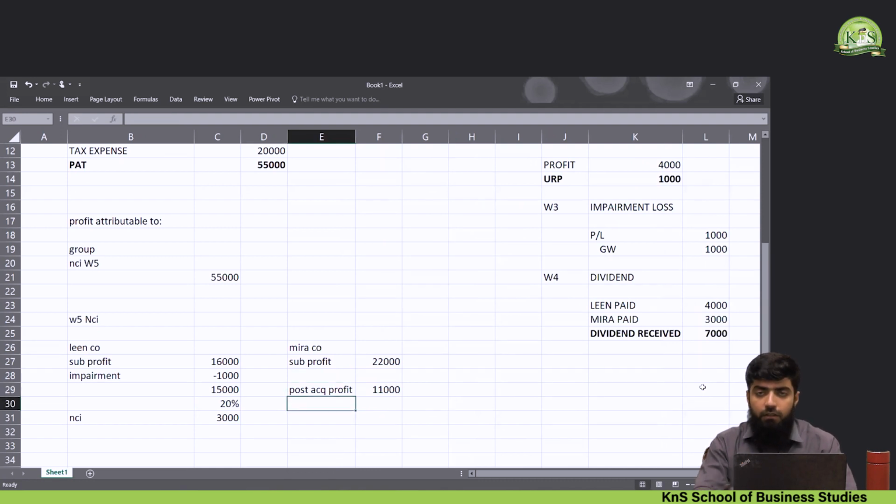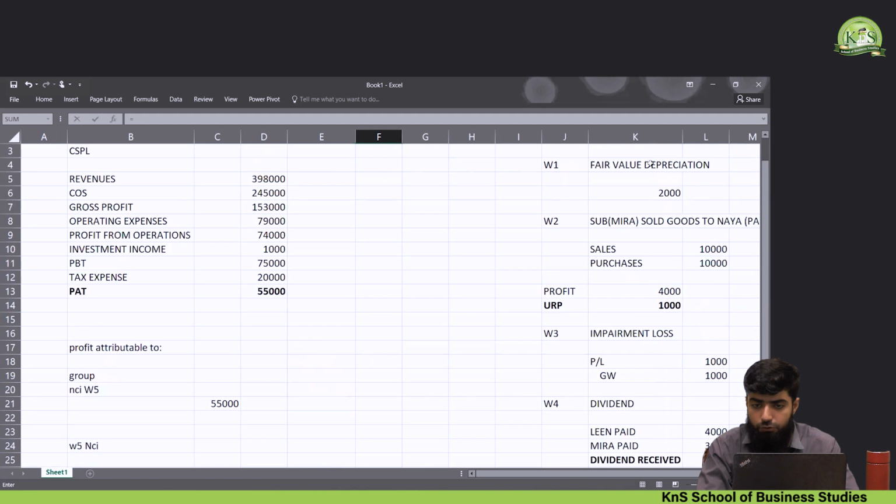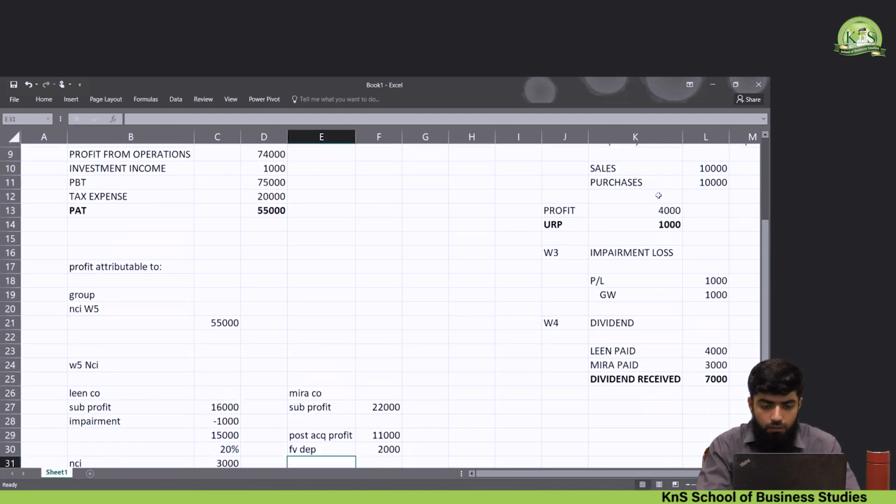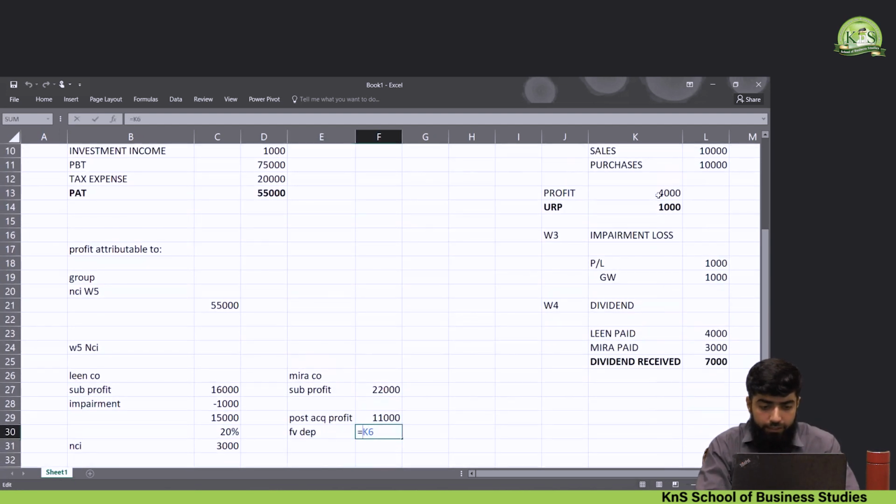Let's recall what adjustments were required. Number one, the fair value depreciation adjustment was required, and the depreciation amount was 2,000, which will be deducted.